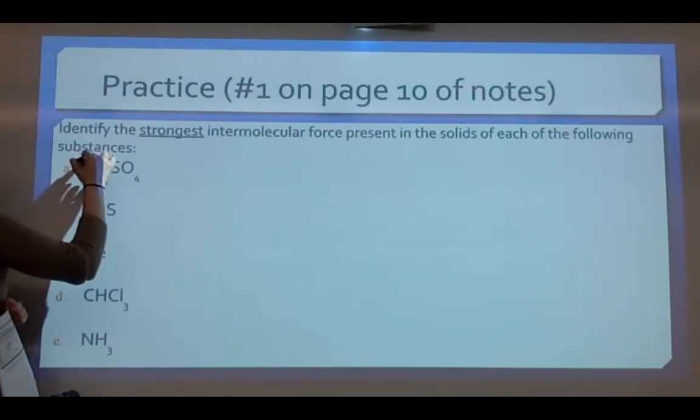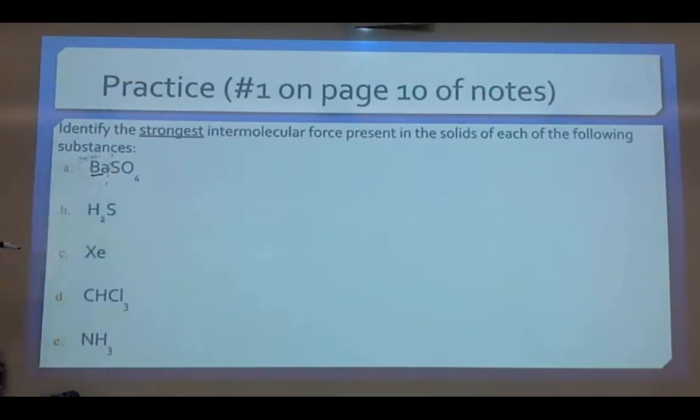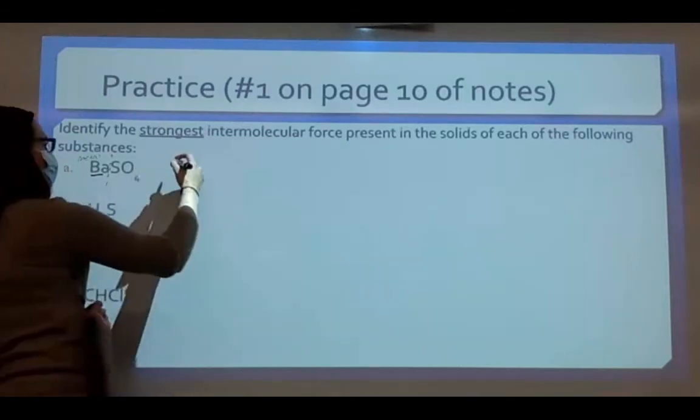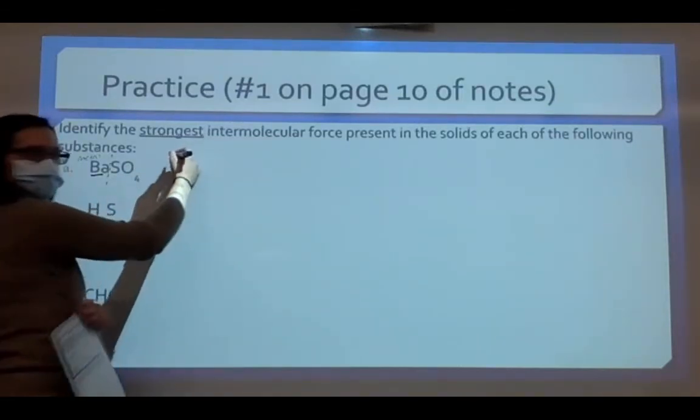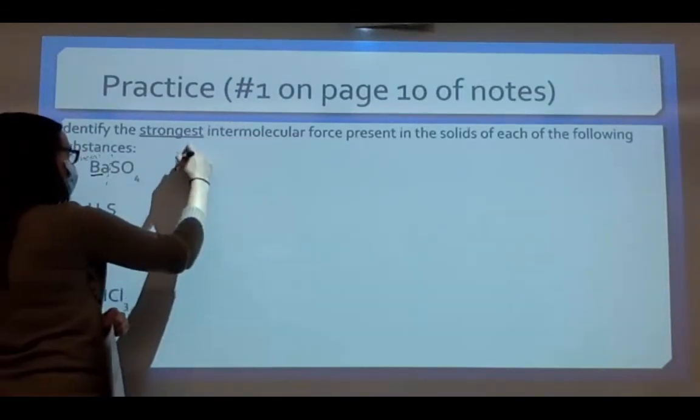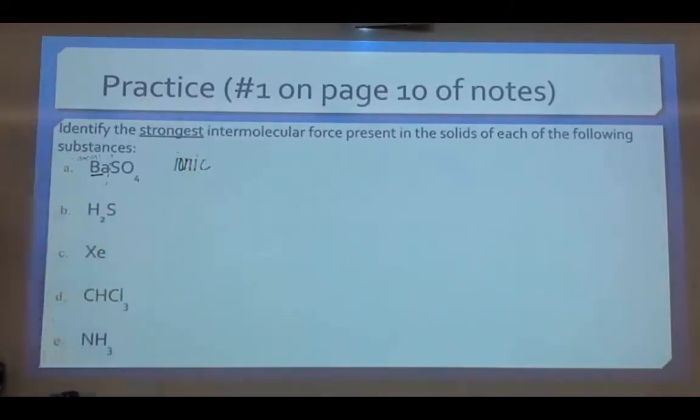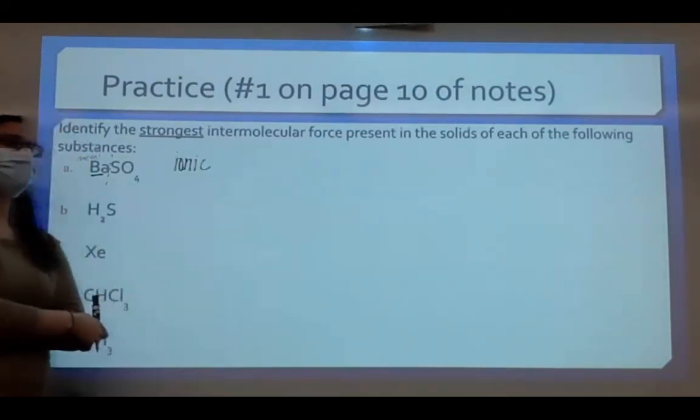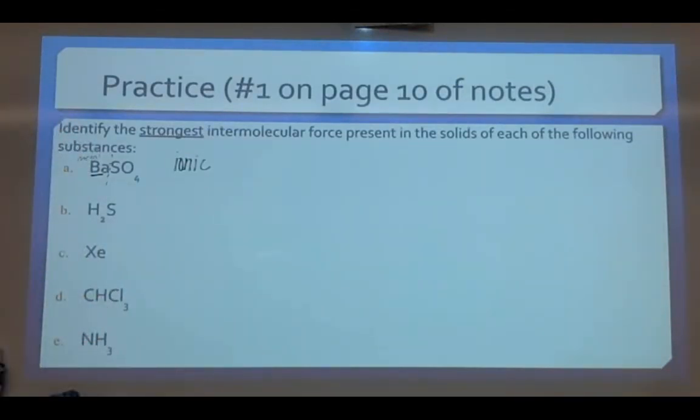So if we have a metal and non-metal, or a metal and a polyatomic ion, what kind of bond does that result in? This is an ionic bond. Ionic is a weird one, both an intermolecular and intramolecular force. Definitely the strongest though, because it's full charges.